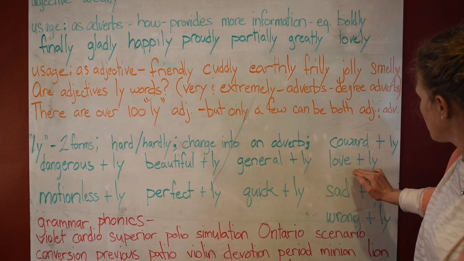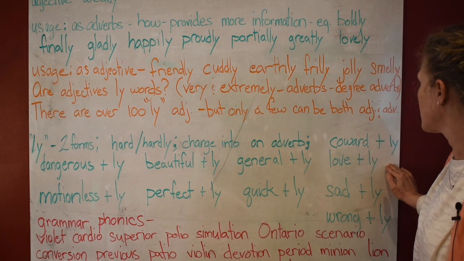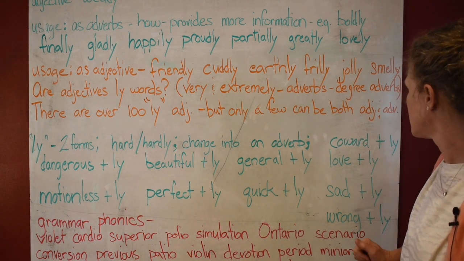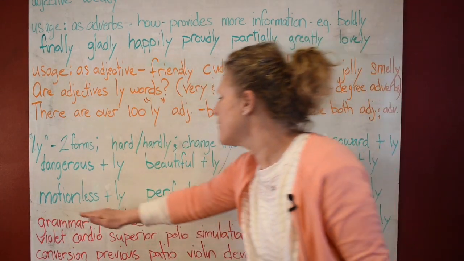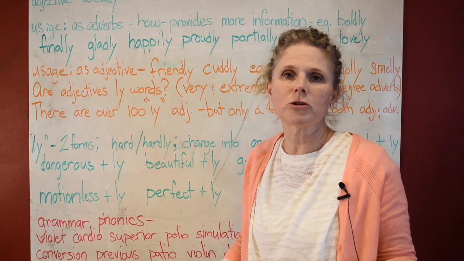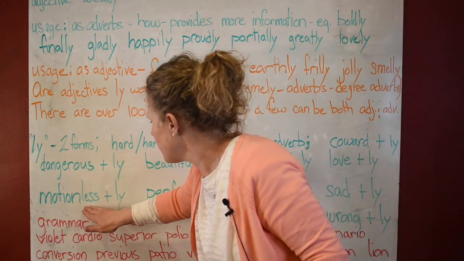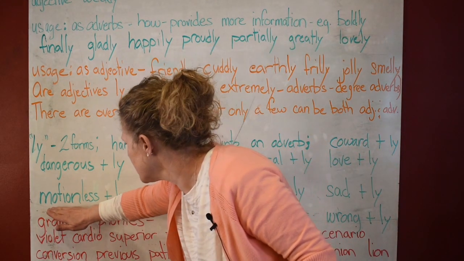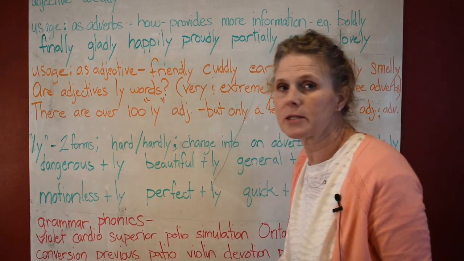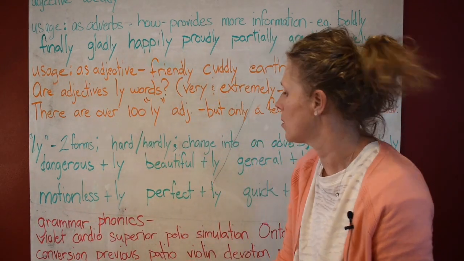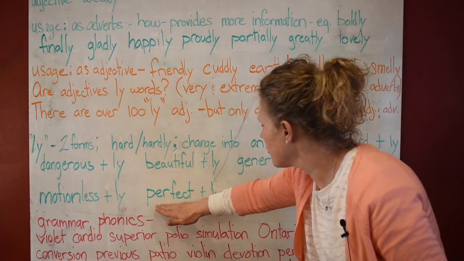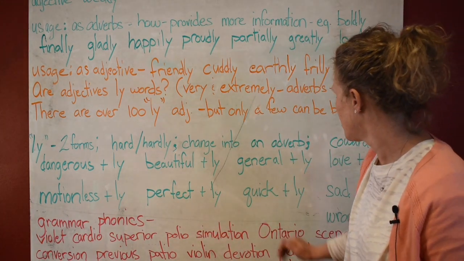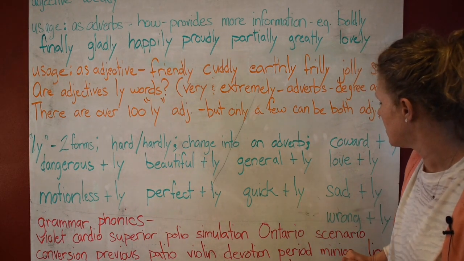Lovely. Love plus ly means lovely. Motionlessly. So you have to be also careful because you can't just say motionly. See how we needed another suffix right here, but still it's one part plus two parts. That's how you're making your how. Motionlessly. Perfectly. Perfect plus ly. Quick plus ly.